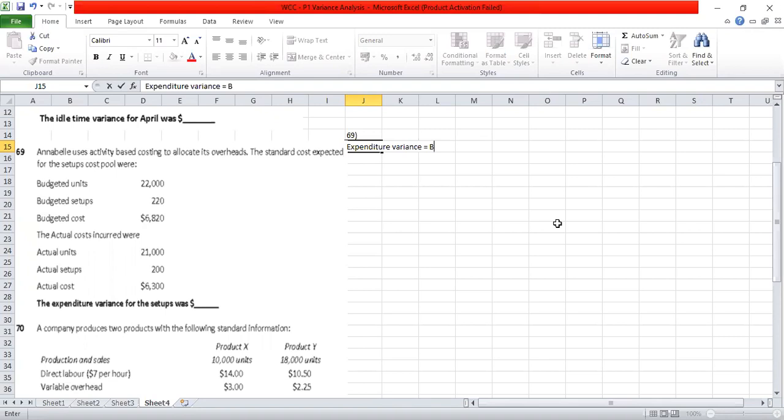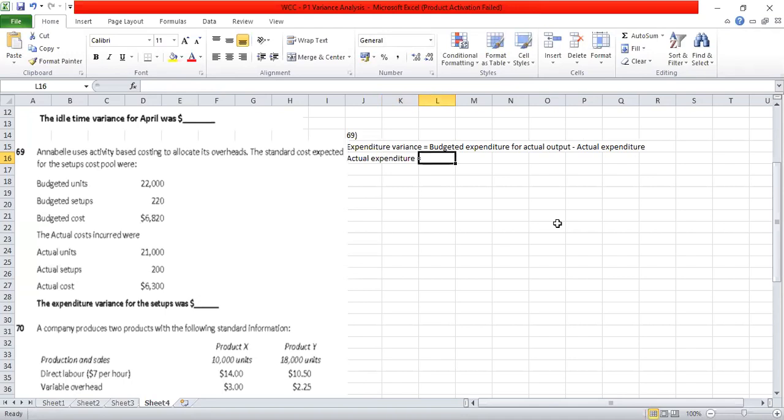So budgeted expenditure for the actual output minus the actual expenditure. We know the actual expenditure, which is 6,300.